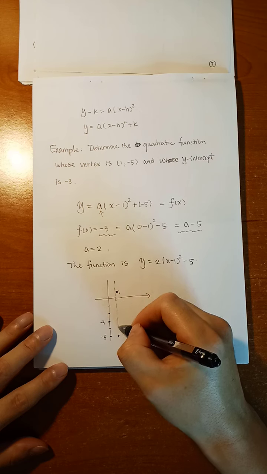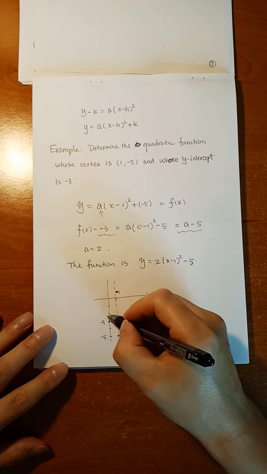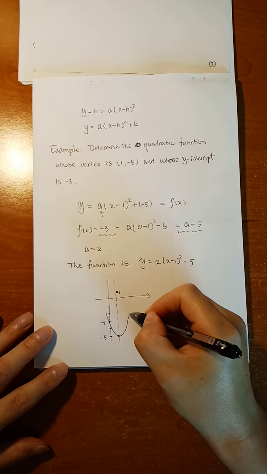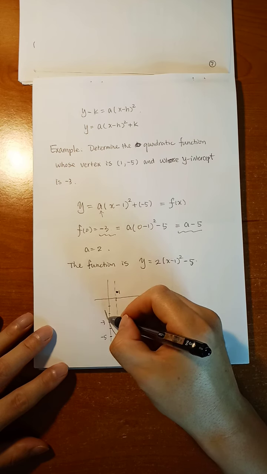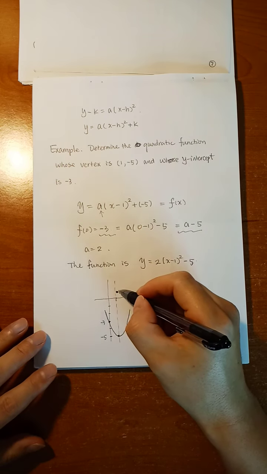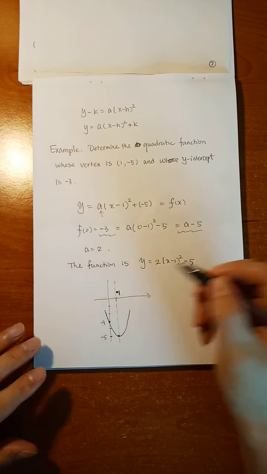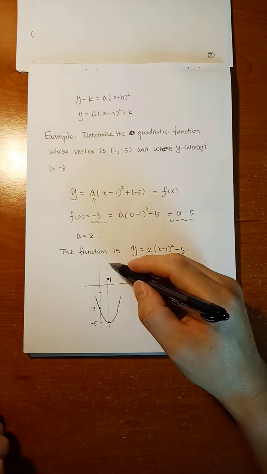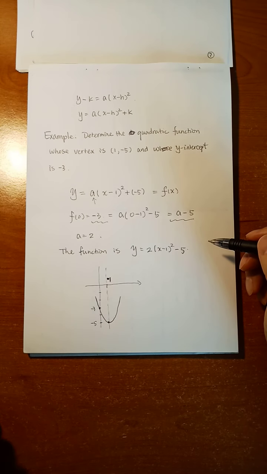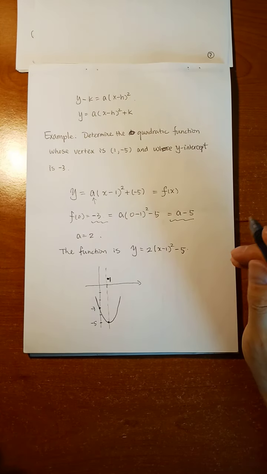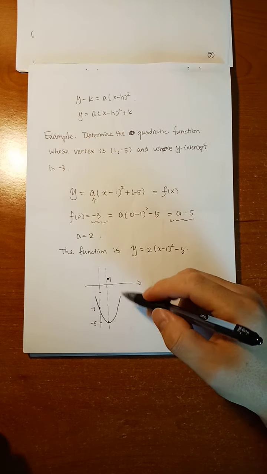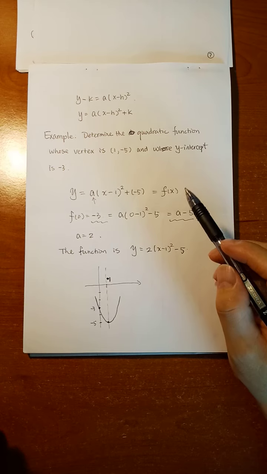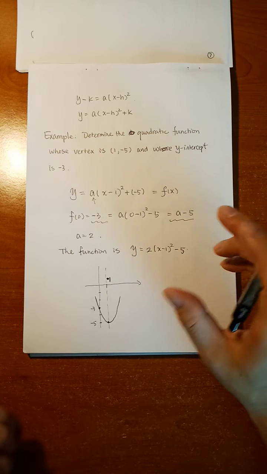The graph opens up, so it will be like this. This is the graph. This is positive 1. I mean, I label positive 1. Okay, let me come down.